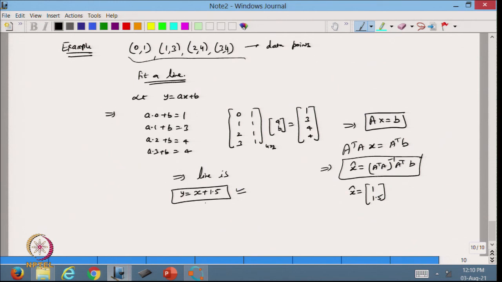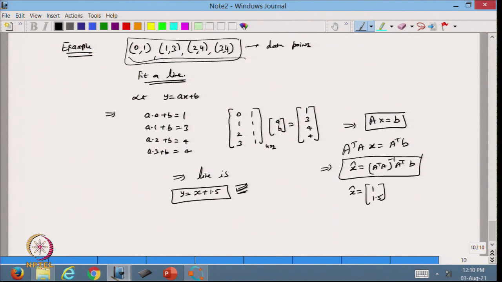It will never satisfy these points, because if you put x equal to 0 here, y is 1.5, but our data point was 1. If you put x equal to 1, y will be 2.5 and our data is 3, but this is the line which goes closest to all these points, and that is the least square solution.